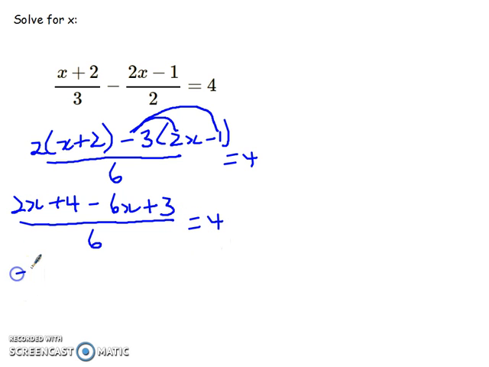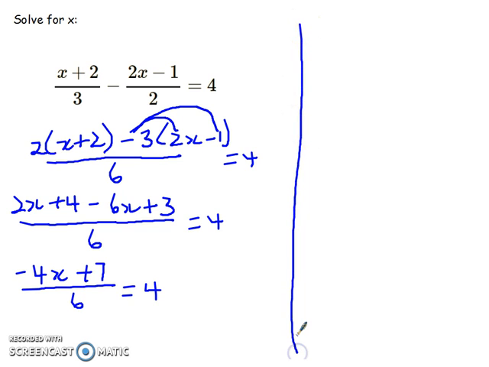Grouping everything together, I have minus 4x, 2x takes 6x. Then I have 4 plus 3 is 7 over 6 equals 4. Now I need to get rid of this divided by 6 by multiplying both sides by 6. I'm going to multiply by 6 there.